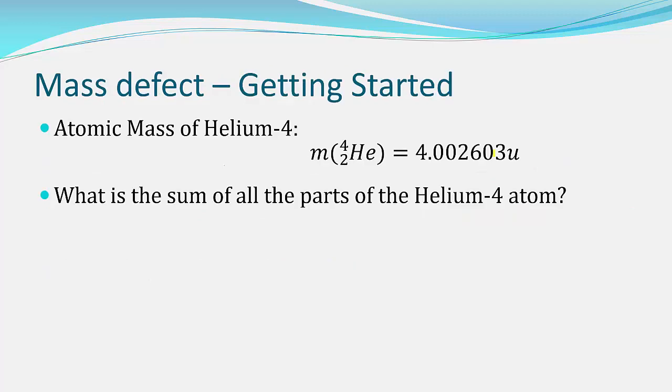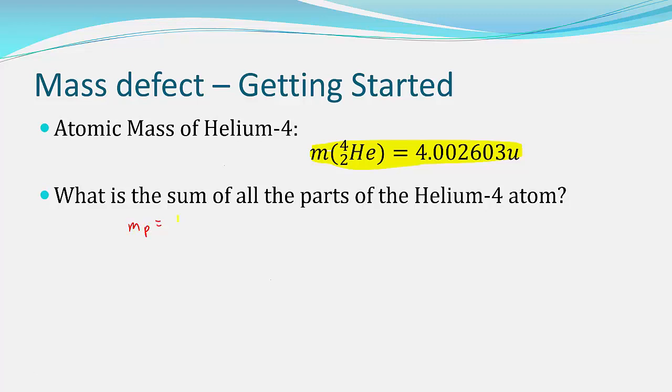So what I'm going to do is start by looking at the mass of helium-4. The mass of helium-4 that I'm giving you, and if you're doing a test, they will actually give you this value straight out, so it's not something that you can find in your formula sheet, is 4.002603 atomic mass units.